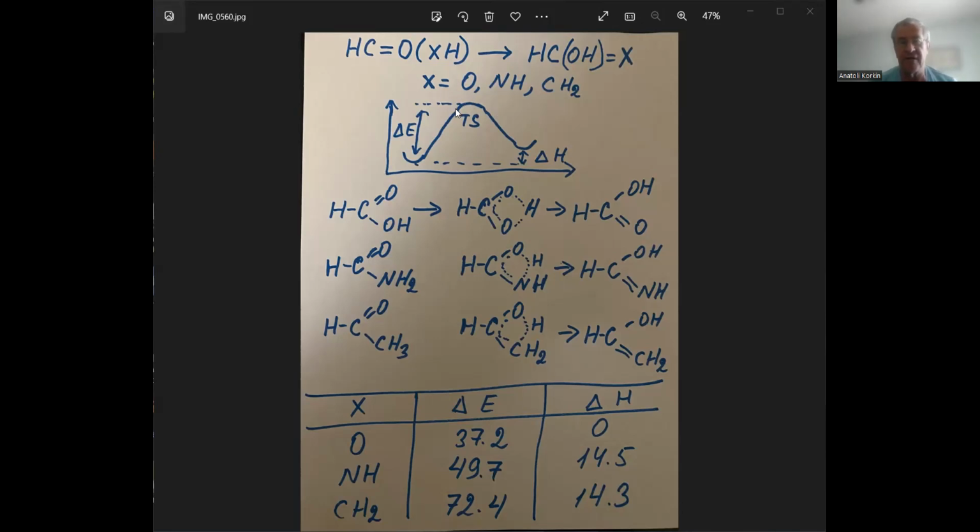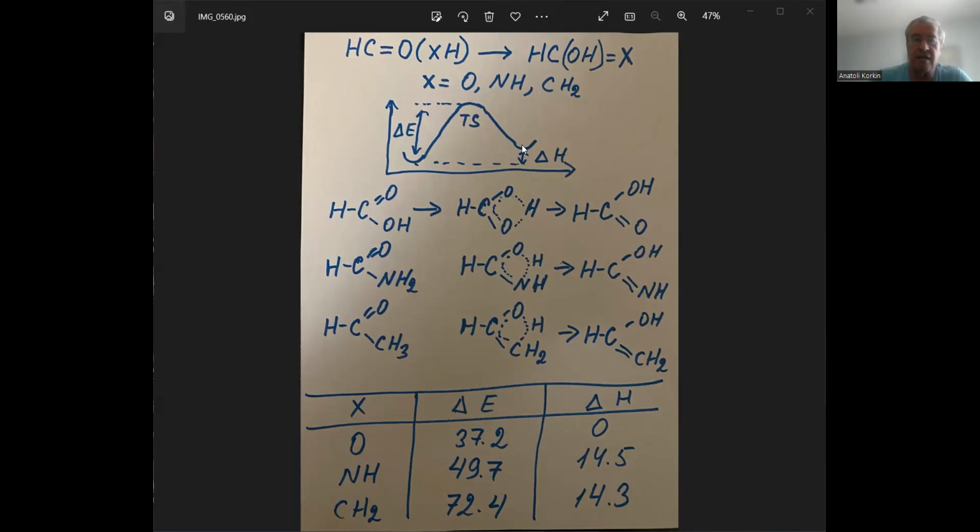That one is an imaginary frequency, which corresponds to the path from reactant to product. So this energy, delta E shown, is the energy required to reach the transition point, and delta H is the energy outcome of the reaction. If delta H is positive, the reaction is endothermic, as in our case.